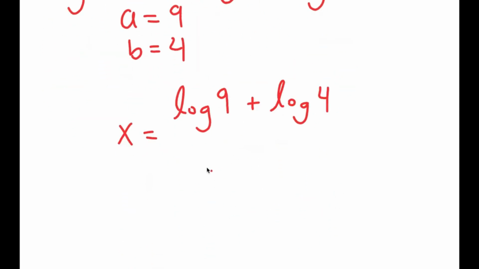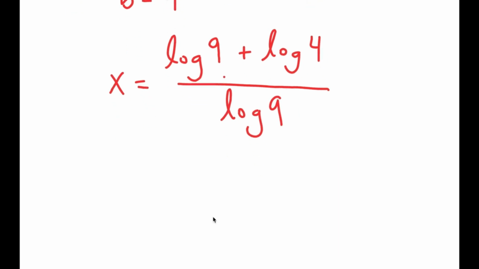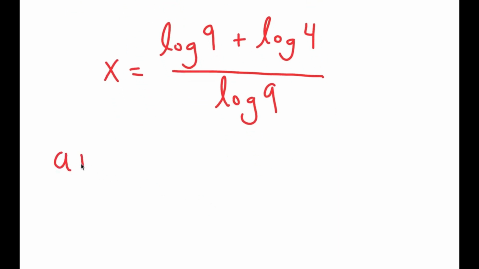And remember, I still have all of this over log 9. Now, if I have something in the form a plus b over c, this is equal to a over c plus b over c, and this is just using fraction properties.